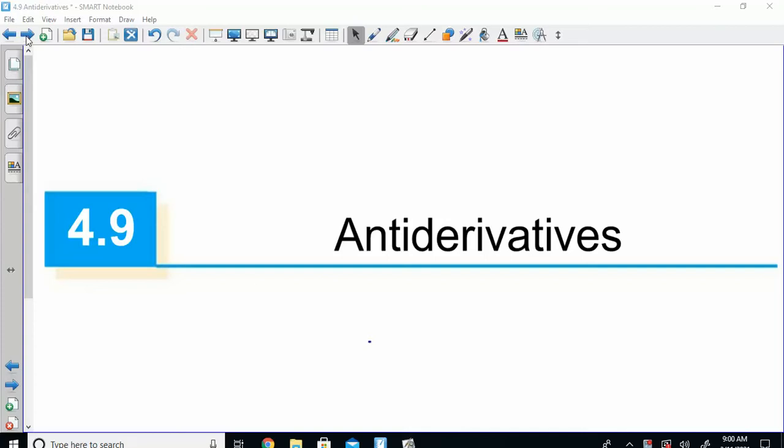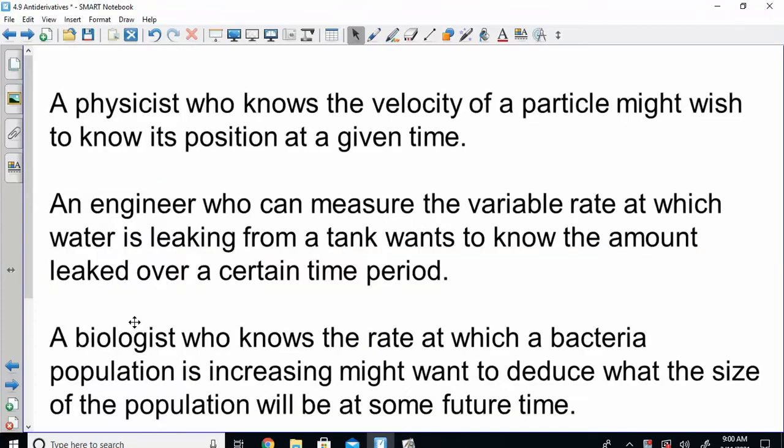Antiderivatives. So, motivation: I have here some questions that would generate a reason to do antiderivatives. We've talked a lot about position, velocity, and acceleration, and we always started with the position and got your velocity from that and got your acceleration from that.